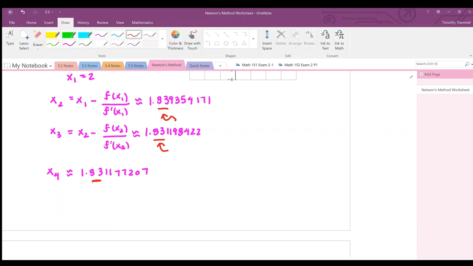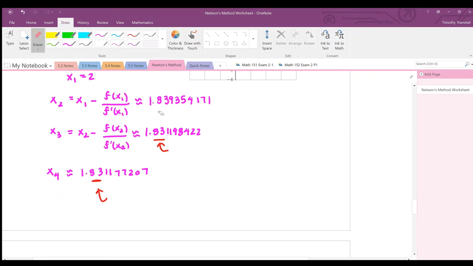And the idea is that as we perform Newton's method, we're getting closer and closer and closer to the actual root. So if you see that some digits are not changing from one step to the next, that means we're going to keep those decimals as we continue the process. So we know so far that we're accurate at least up to 2 decimal places. And actually, we know even more than that.